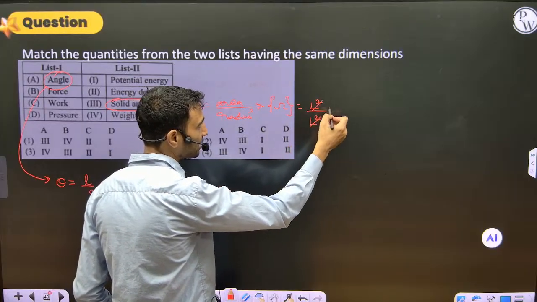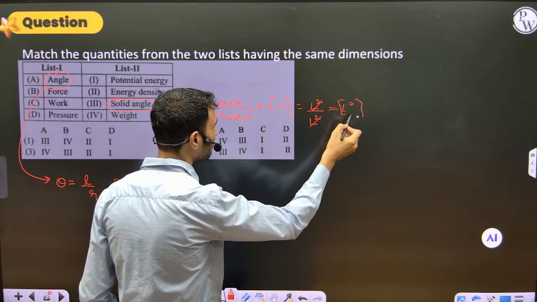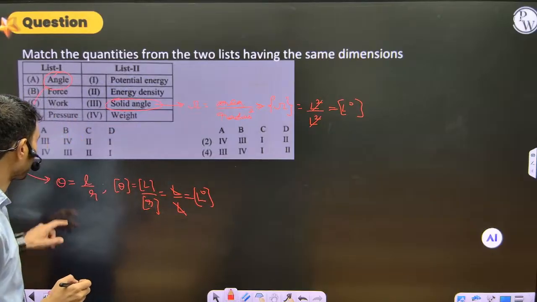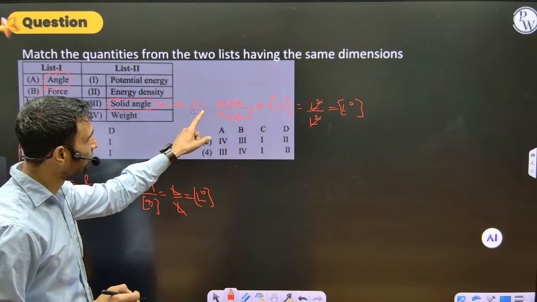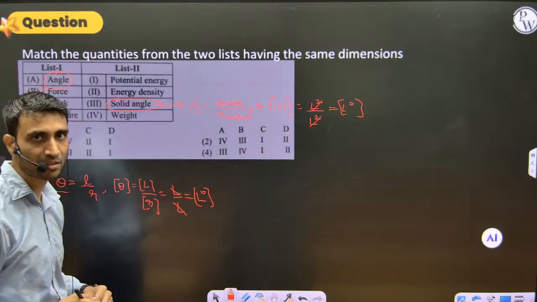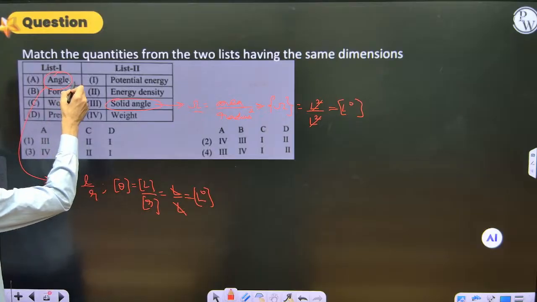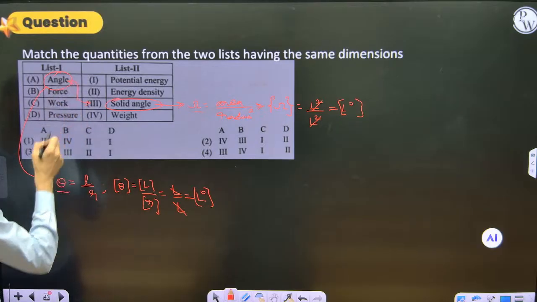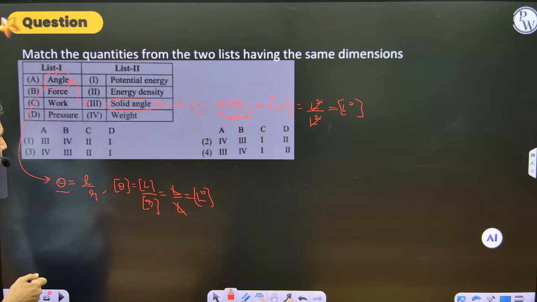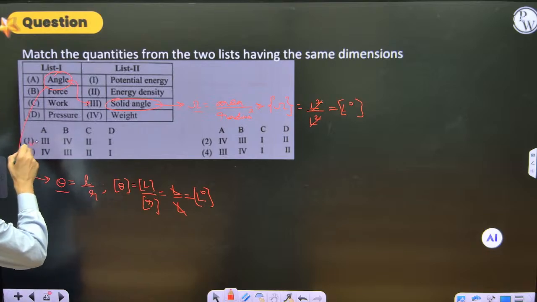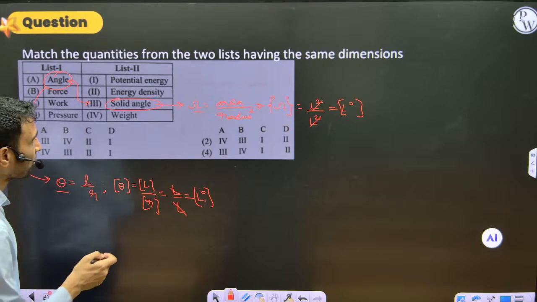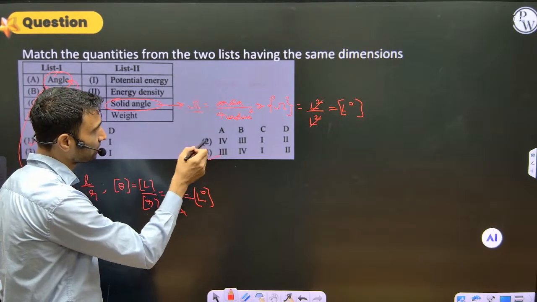That will again get cancelled and you get L to the power 0. So we are directly getting that theta and omega have the same dimensions. Which option are we getting? A matches to 3, and that is your first option, and also a fourth option.